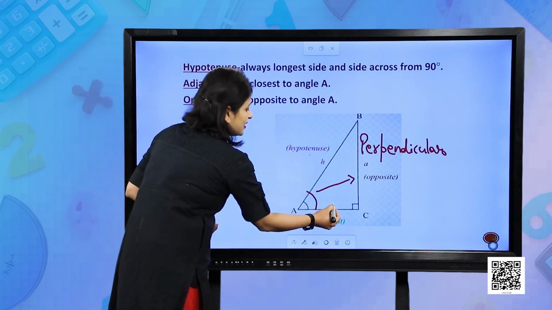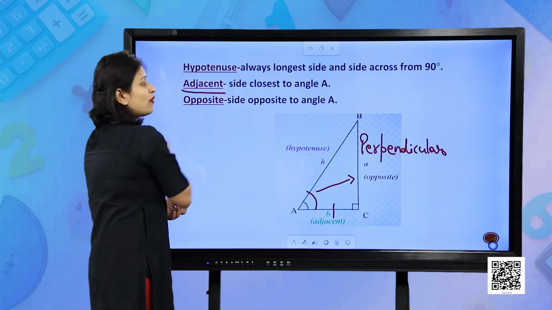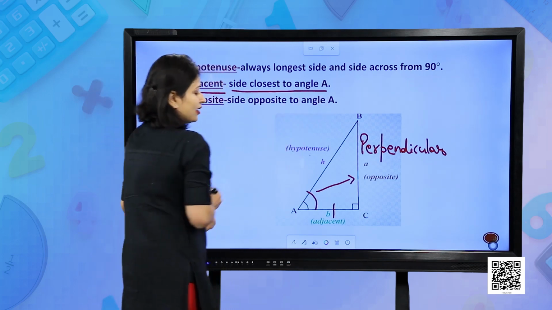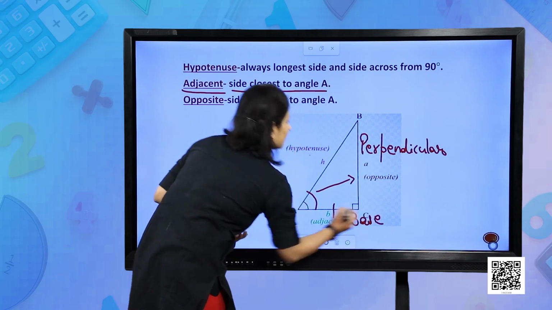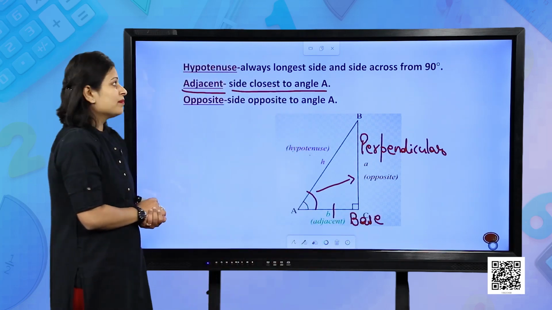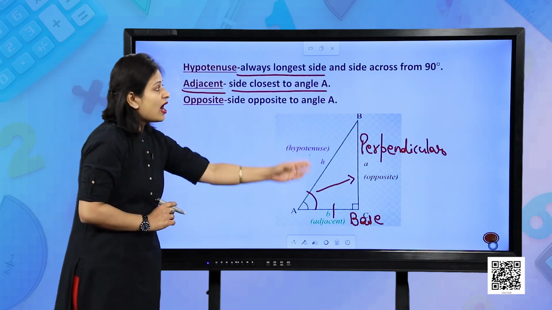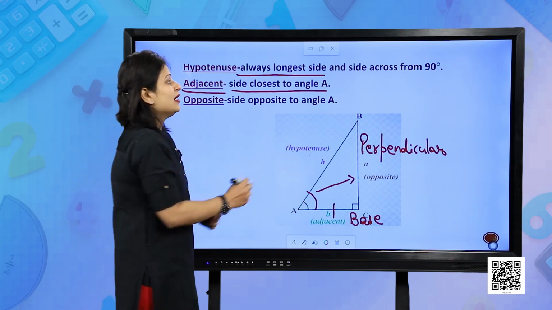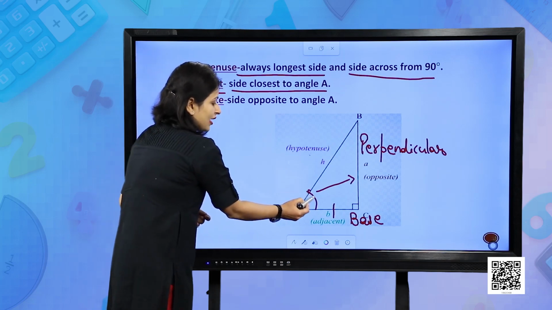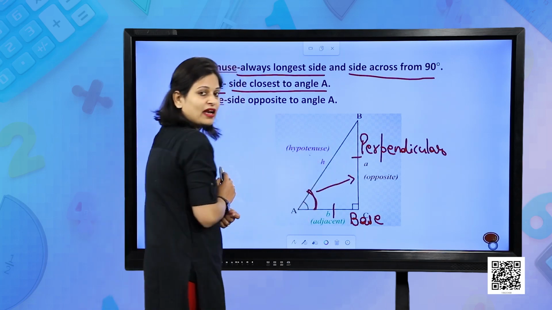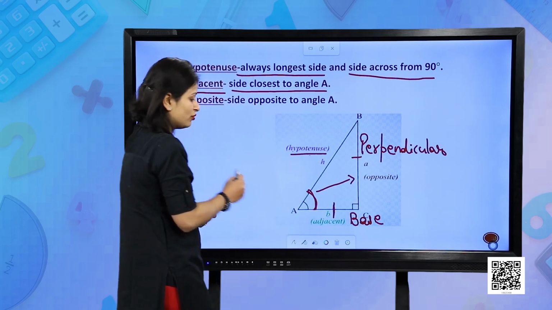What about side AC? AC is called the adjacent side. Adjacent means what? Side closest to angle A. So, this will be the base. Now, what about side AB? AB is always the longest side. So, it will be called the hypotenuse, and this is the side across from 90 degree. So, when you are considering this angle, this will become perpendicular, this will become base, and this is hypotenuse.